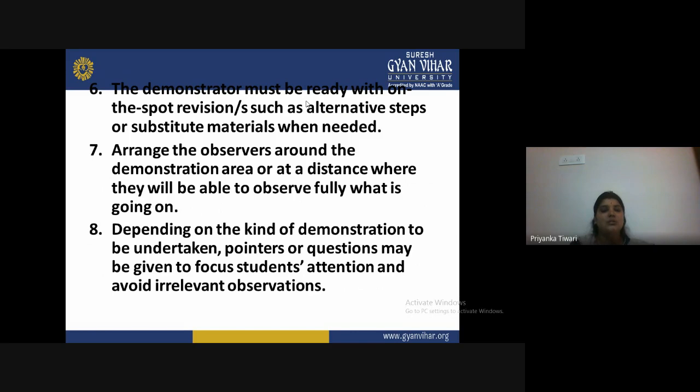Arrange the observers around the demonstration area or at a distance where they will be able to observe fully what is going on. Depending on the kind of demonstration to be undertaken, pointers or questions may be given to focus students' attention and avoid irrelevant observation.